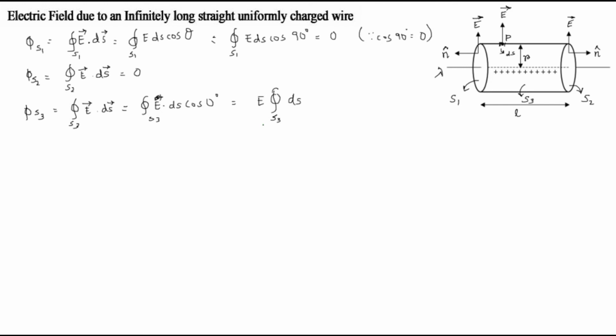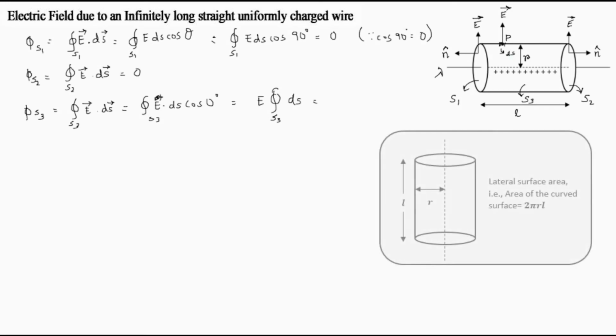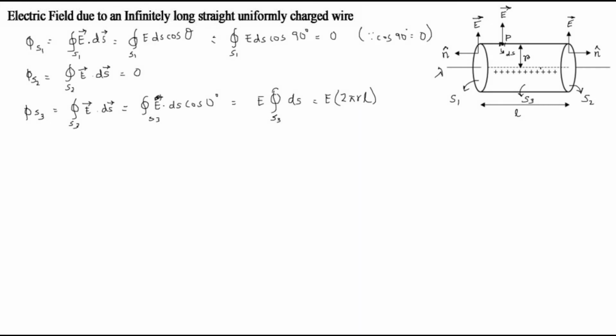If we integrate this, the integration of the entire small ds pieces turns out to be the surface area of this curved surface of the cylinder, and we know the surface area for the curved surface of the cylinder is nothing other than 2 pi RL, from the concept of geometry. So this is the resultant flux through the surface S3, right?